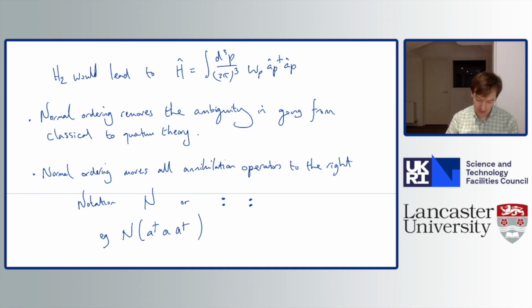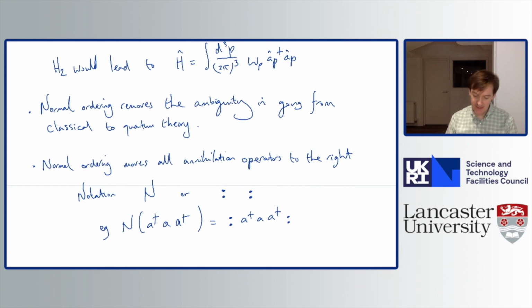This is equivalent to this notation with the double dots. And so this will move my annihilation operators to the right. So I'll end up with A dagger, A. Okay, so this is what it means. The normal ordered version is A dagger, A.